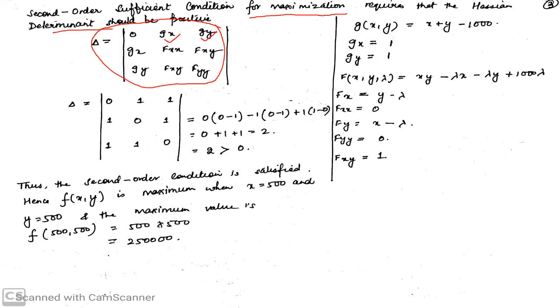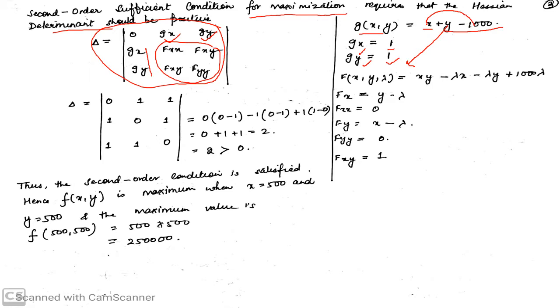Let us find the first derivative of the constraint function with respect to x and with respect to y. With respect to x this becomes 1 and the other terms become 0 because they are treated as constant. With respect to y this is also 1.